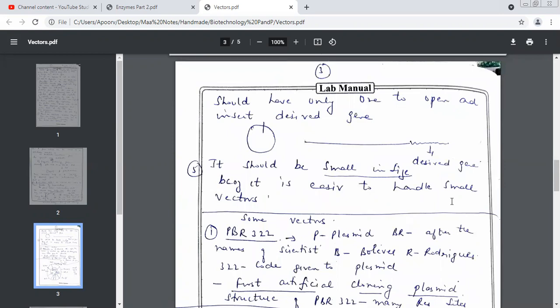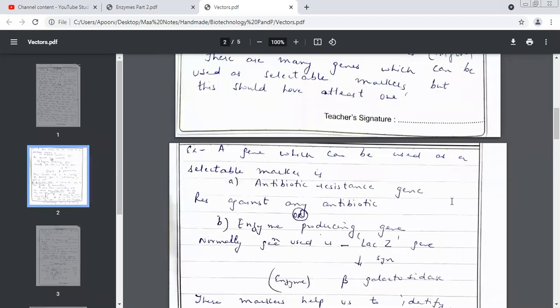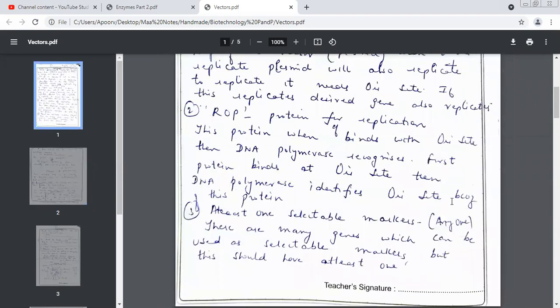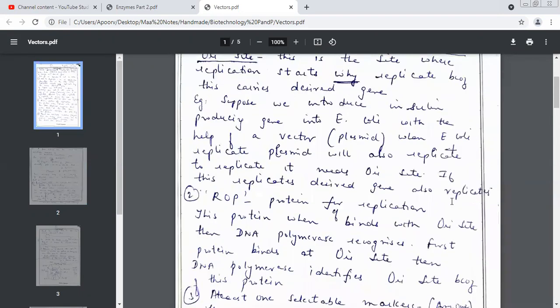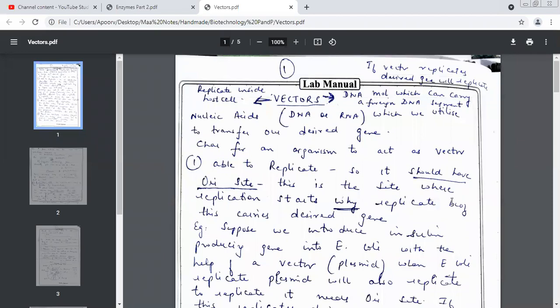I showed you 5 characteristics of vectors. Did you understand anything? How much percent you could relate or understand, children? Honestly, tell me how much percent did you understand on your own?